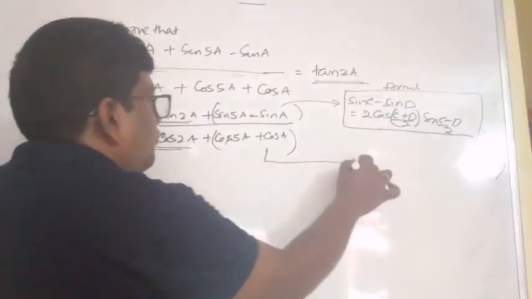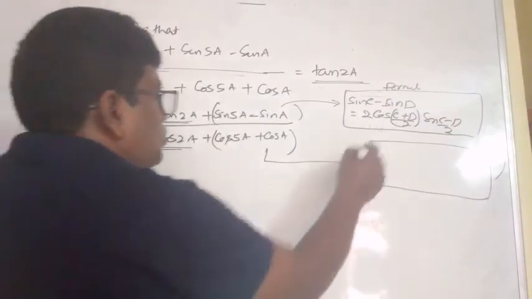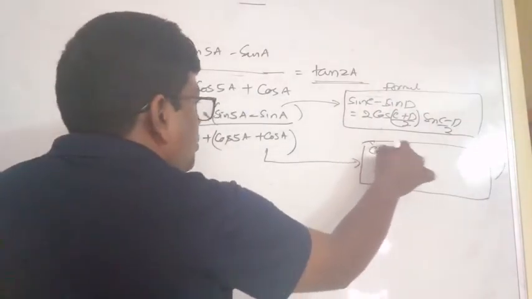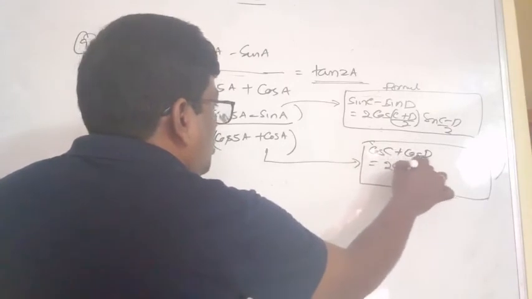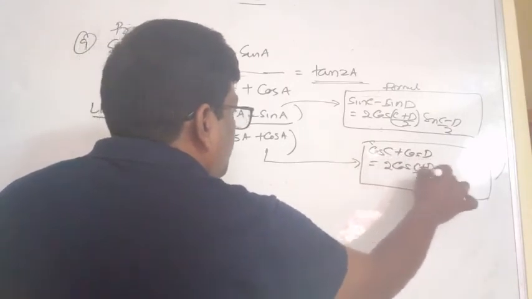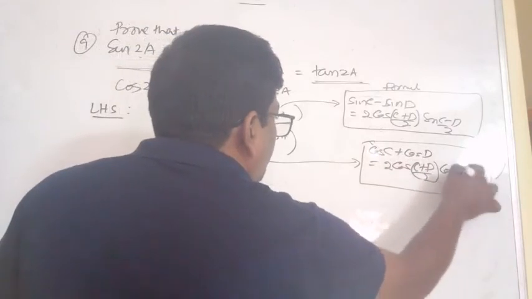For the denominator we have to use the formula cos c plus cos d, which is equal to 2 cos (c plus d) by 2 into cos (c minus d) by 2.